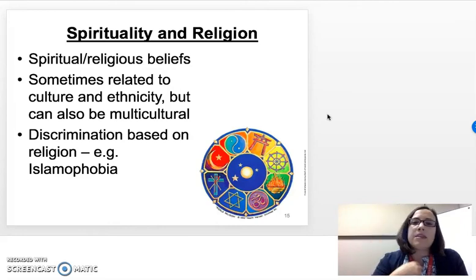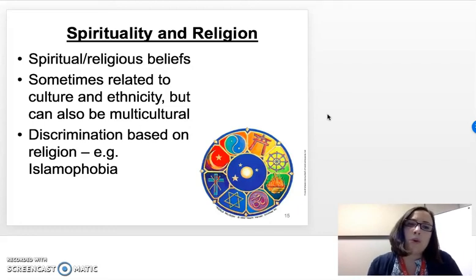It's the exact same thing when it comes to groups like the Ku Klux Klan, for example, that identify as Christian, right? And they have discriminated against groups like African Americans in the United States, when we know that they do not represent that religion.